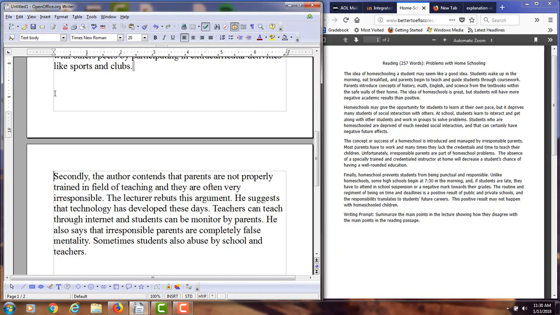Okay, let's take a look at your third paragraph here. So you say, secondly, the author contends that parents are not properly trained in the field of teaching, and they're often very irresponsible. So I'm going to put a comma right before the word and, because you are separating those two independent clauses there. So that's a common reason why we might use punctuation. So let's look at more.